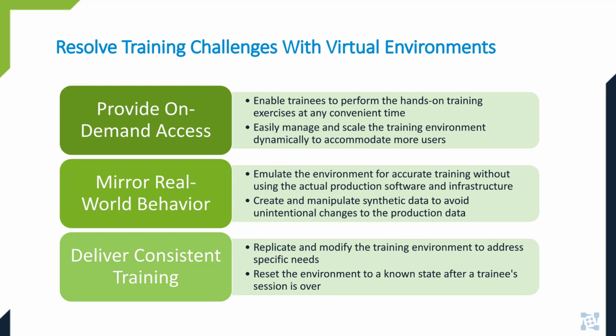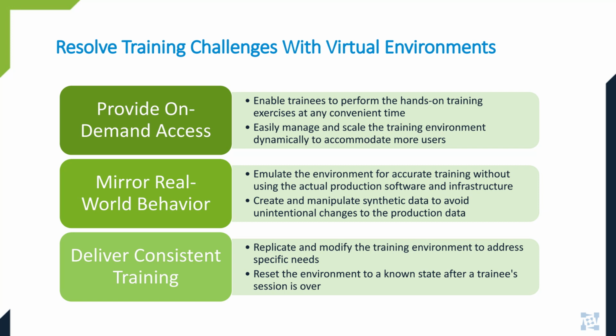So to summarize where we are here, goal number 1 is to provide on-demand access, so everyone can do hands-on training at their own convenient pace and time. You can easily manage that environment: reset, update, add data, add scenarios, and scale it up and down to accommodate the volume you have.